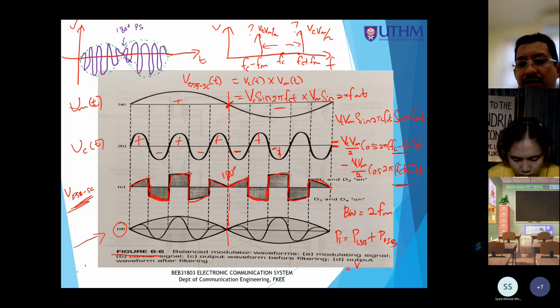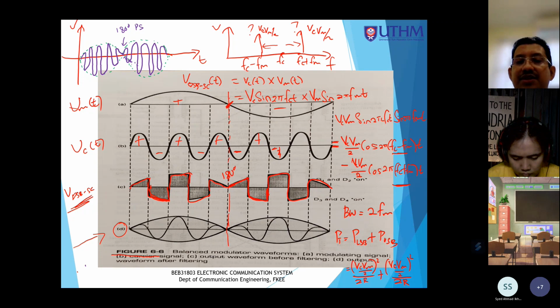So (VcVm/2) kuasa 2 dibahagikan dengan 2R. So tambahkan juga untuk lower sideband dan juga upper sideband. So (VcVm/2) kuasa 2 dibahagikan dengan 2R. Okay, so you akan dapat total power.